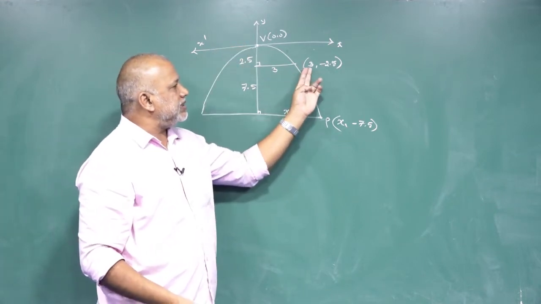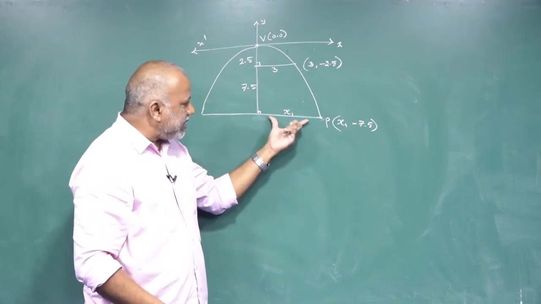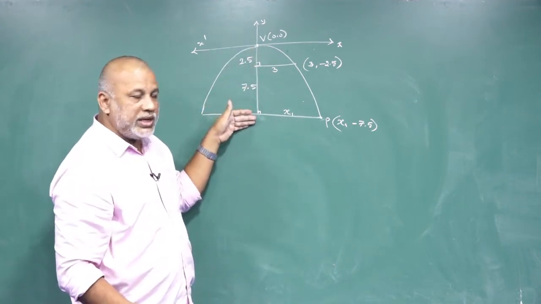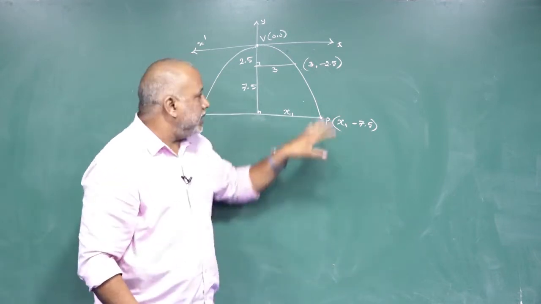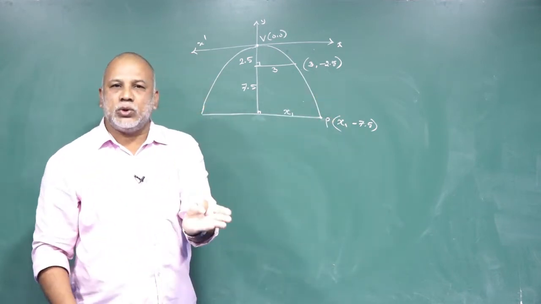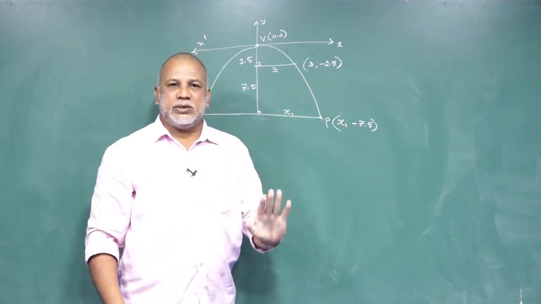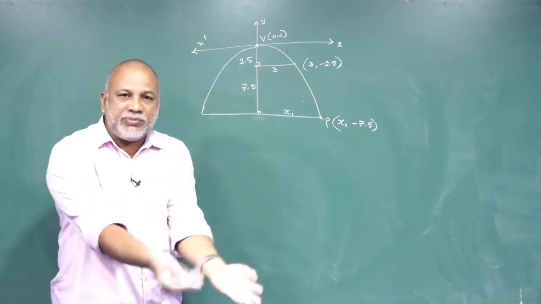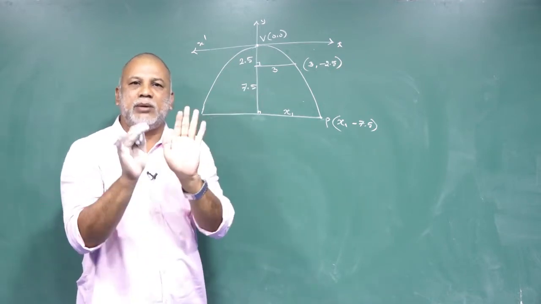Then pair it x, y. Y takes negative. The same way, this is the x coordinate, this is the y coordinate. Then pair it x1, minus 7.5. These 2 points lie in the fourth quadrant. Therefore, x takes positive, y takes negative. So all the data from the rough diagram we are converting into the fair diagram as per the parabolic type.